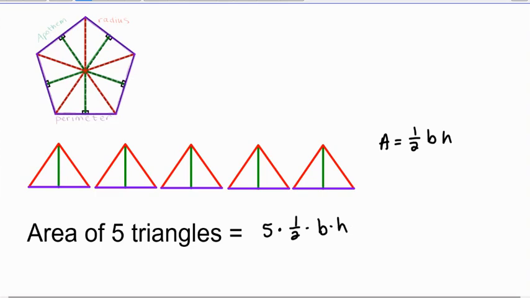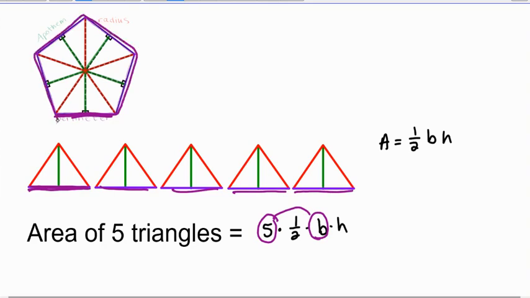Okay, but let's analyze that a little bit more clearly. Okay, the base of one triangle right here is one part of your perimeter. So if I do 5 times base, 1, 2, 3, 4, and 5, that takes me all the way around the pentagon so that I have the full perimeter. So 5b, that's just going to be the perimeter of the polygon.